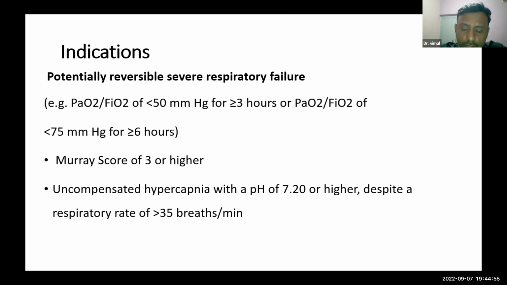The Murray score or the lung injury score of more than 3, uncompensated hypercapnia with a pH of less than 7.2, even with a very high respiratory rate of 35 breaths per minute, then also it's an indication for VV ECMO.